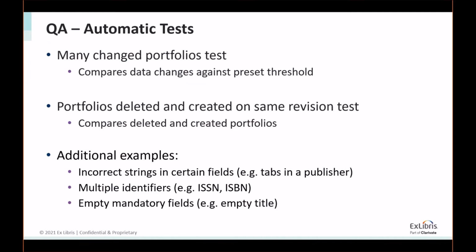It can be identifiers that have changed, or a column that moved, which created a mismatch with the data that we have in the knowledge base. And at this point, the existing portfolios are being deleted and new ones are being created instead. This is a change that we do not approve for release.